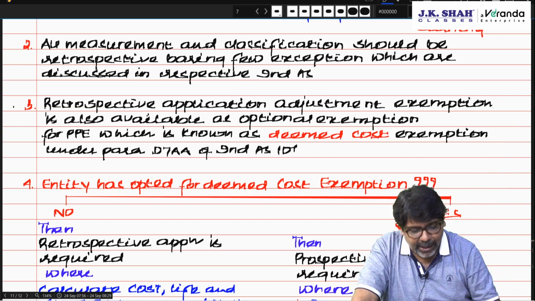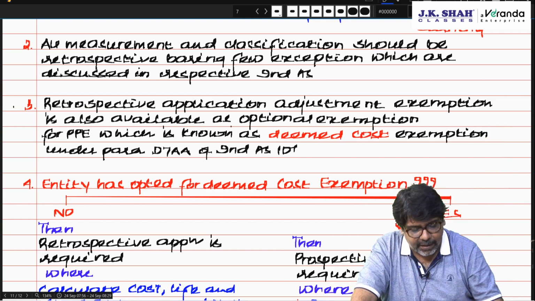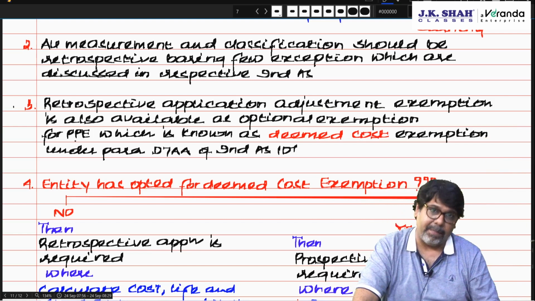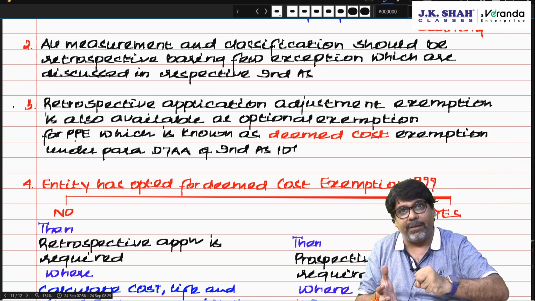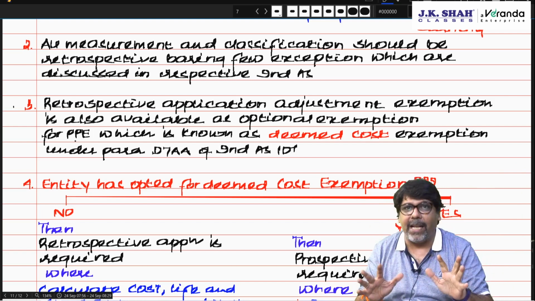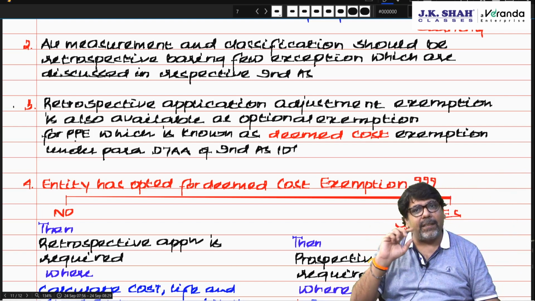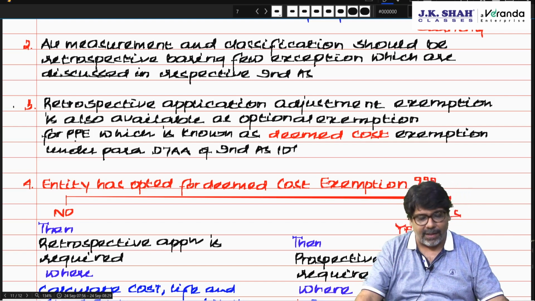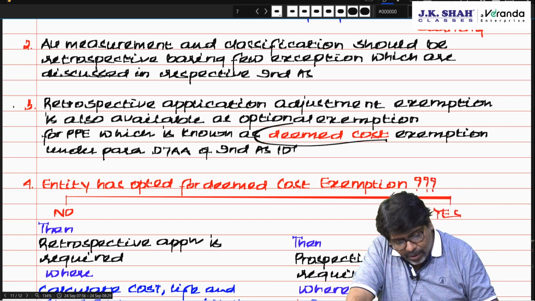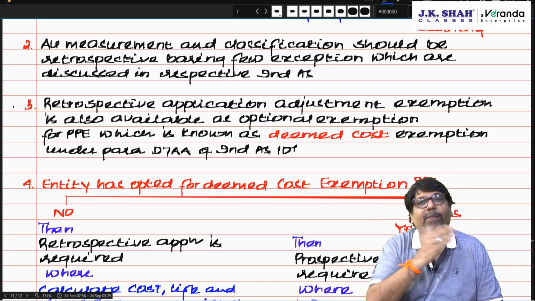Correct. So retrospective application exemption is also available as an optional exemption for PP. Like I told, all assets and liabilities should be valued as per Ind AS retrospectively, barring some exceptions. This exception is applicable to PP, but it is an optional exemption, known as the deemed cost exemption, that you may not follow retrospective, you may follow prospective.